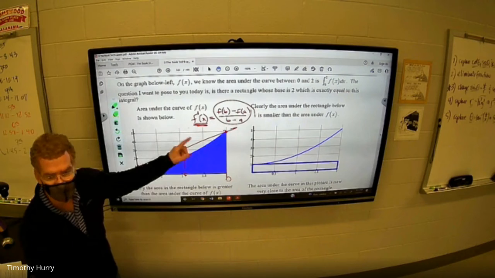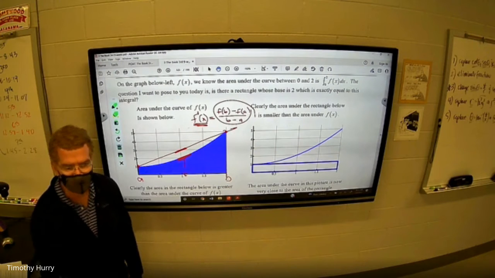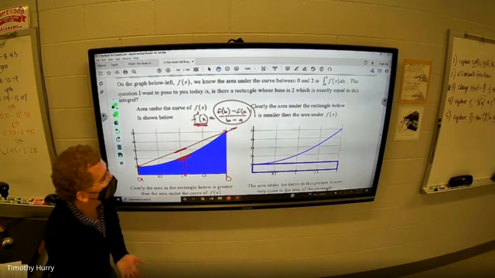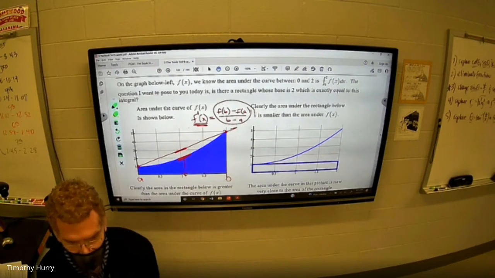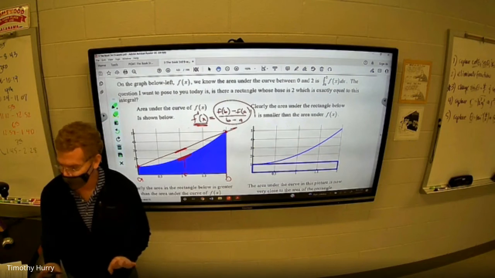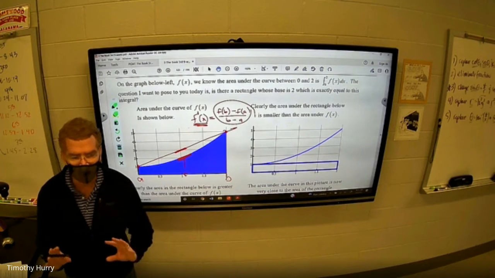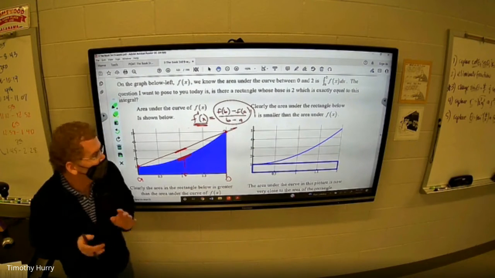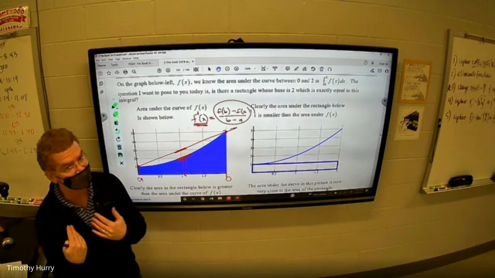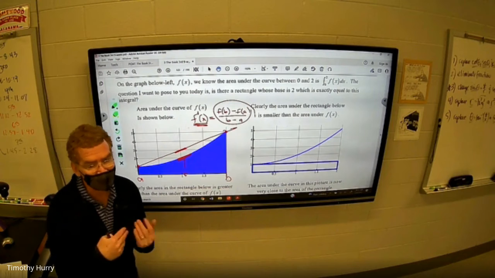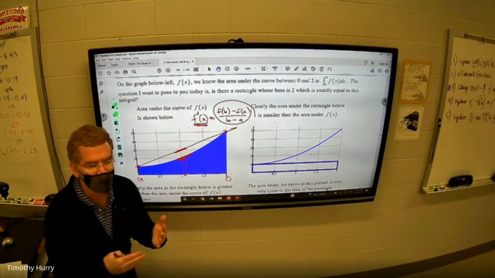That's the mean value theorem. But there's also a mean value theorem for integrals. It's the same thing. You will see in a moment. But there are different times. Sometimes I know a function and can take a derivative of it. Sometimes I only have a derivative. So it allows you another way to think.